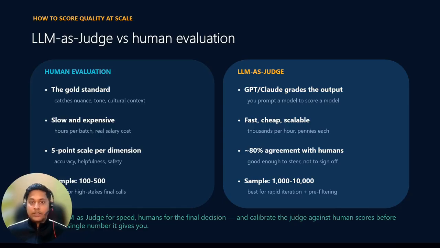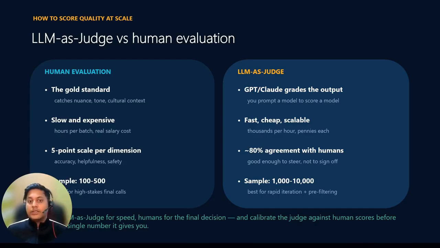Humans catch nuance, tone, sarcasm, cultural context, all the things that actually matter and that models are weakest at, right? So you typically use a 5-point scale across a few dimensions: accuracy, helpfulness, safety, but it's slow and genuinely expensive. Hours of a real person's time per batch.